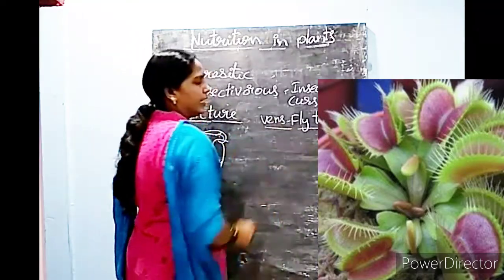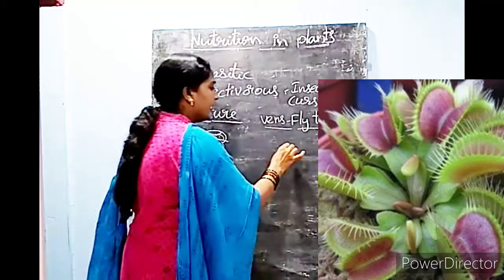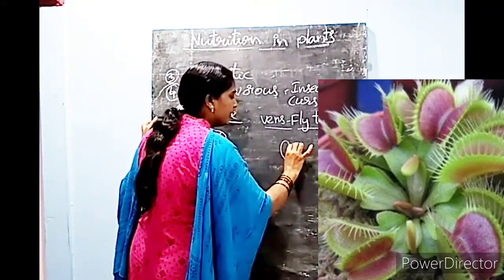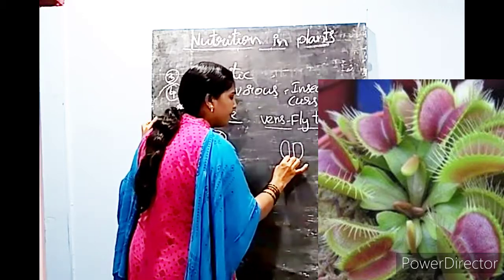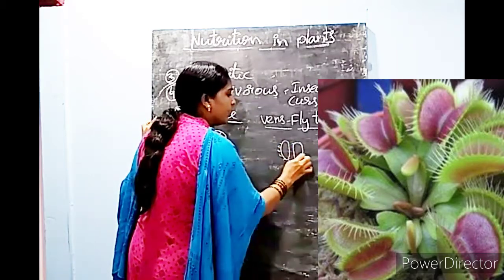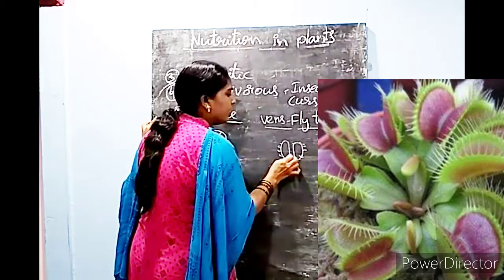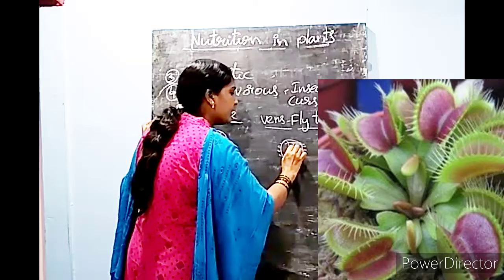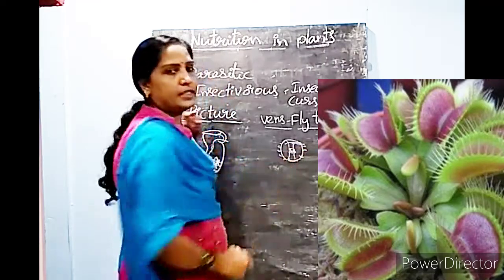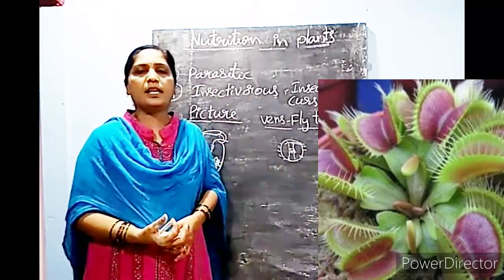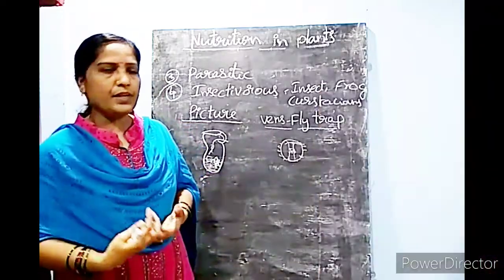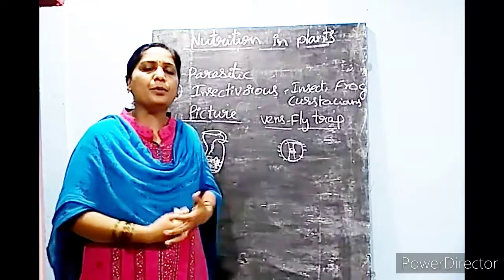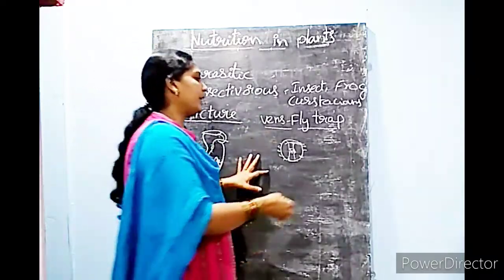In Venus flytrap, the leaf blades look like a cup shape, and whenever the insect falls inside, this cup shape gets closed and the insect is trapped inside. Whenever an insect is trapped, automatically digestive enzymes work on that insect. It digests that and transports it to the other parts of the plant.